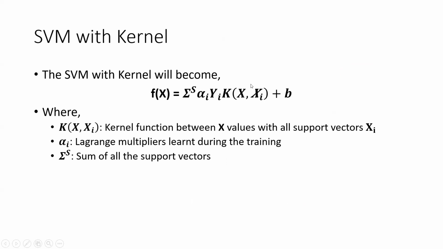It can be a radial basis function in most of the cases, and these are the Lagrangian multipliers that we learned from the SVM algorithm during the training process, and this is the sum over all the support vectors, right? So this is the final decision making model that was developed using support vector machines. Remember, this is a binary classification problem that can be solved using the support vector machines.